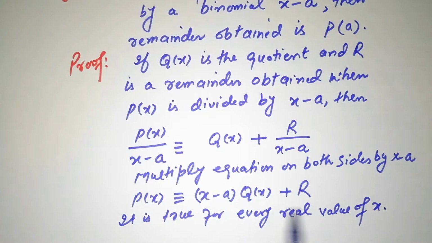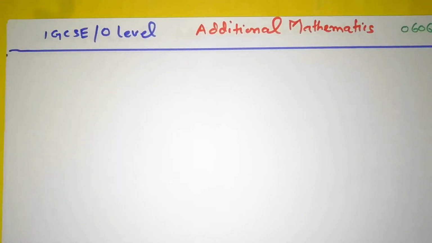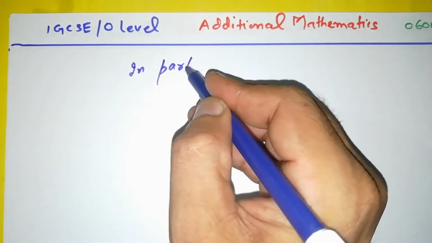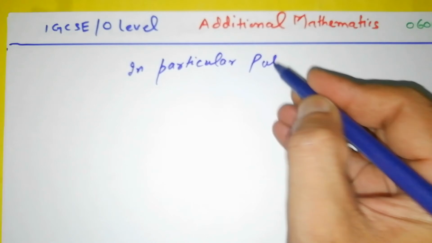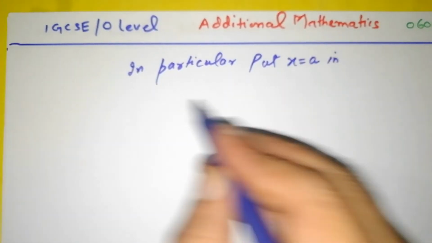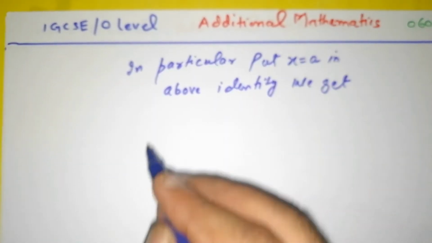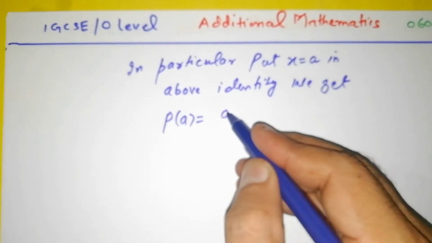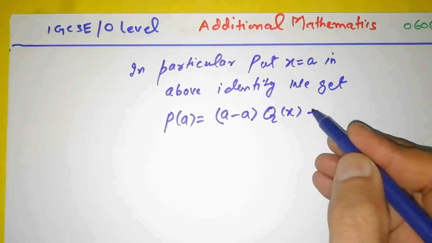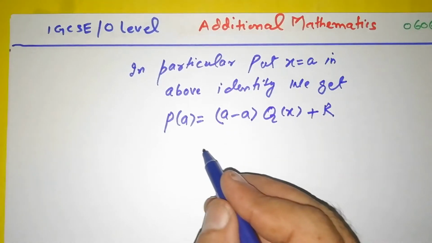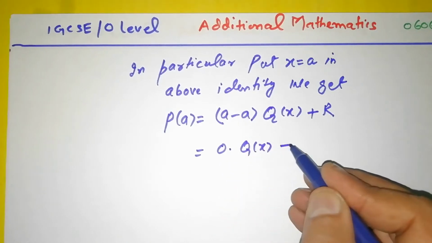Because this identity is true for every value of x, in particular we put x equal to a in the above identity. We get p(a) is equal to (a minus a) q(x) plus remainder r, and a minus a gives us 0 times the quotient plus remainder r.